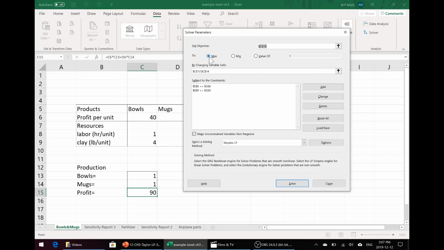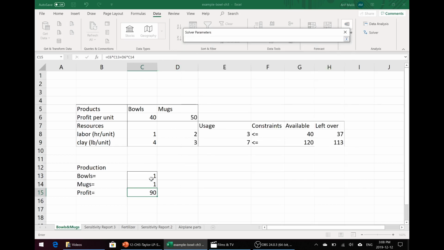We can change to maximum or minimum, depending on whether it is a maximization or minimization problem. It is already filled up because I solved it earlier. Anyway, we have a maximization problem. Then for changing variable cells, we just click on those. These are the variable cells.